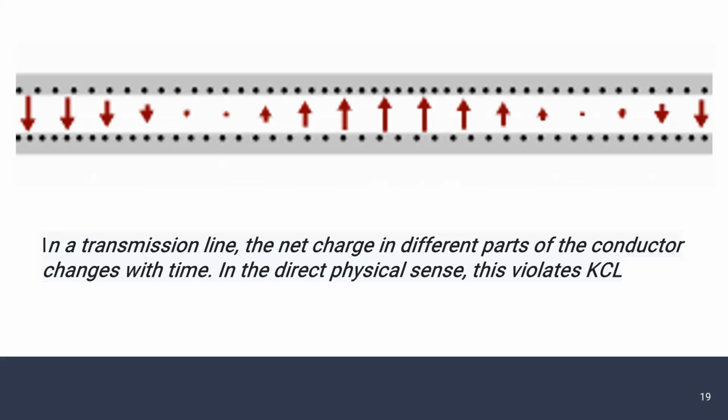In the physical sense, this violates KCL, the Kirchhoff current law. Let us see this image. The net charge in different parts of the conductor changes with time. Here we see that the flow changes at each part and at varying intervals. This may violate Kirchhoff's current law.